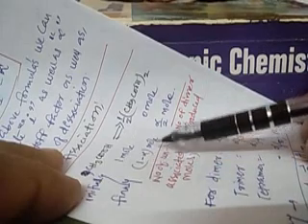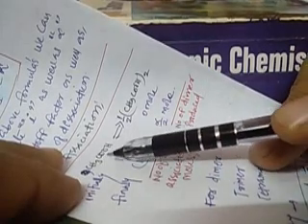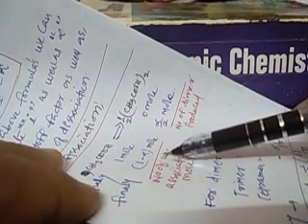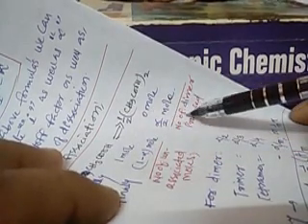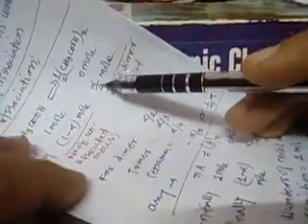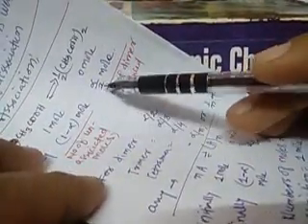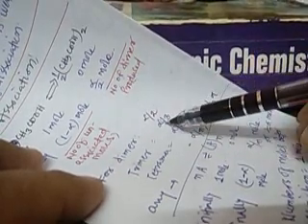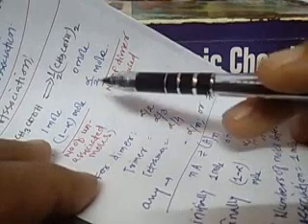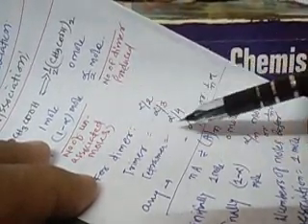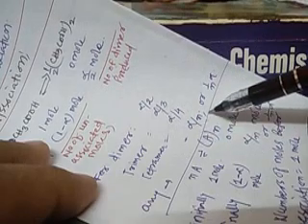Finally we have 1 minus alpha mole of CH3COOH left unassociated in the solution, whereas alpha by 2 mole of dimer has been produced. This alpha by 2 is for dimer. If it is trimer, then we will write alpha by 3. If it is tetramer, then alpha by 4. So if it is a polymer, then we will write alpha by n.